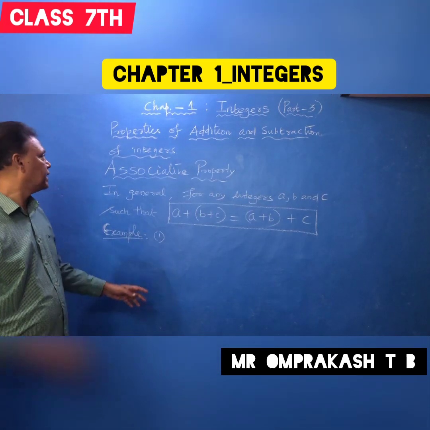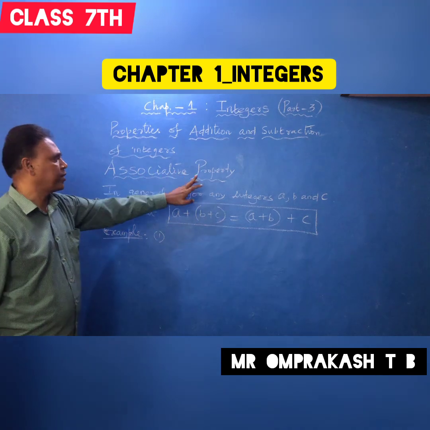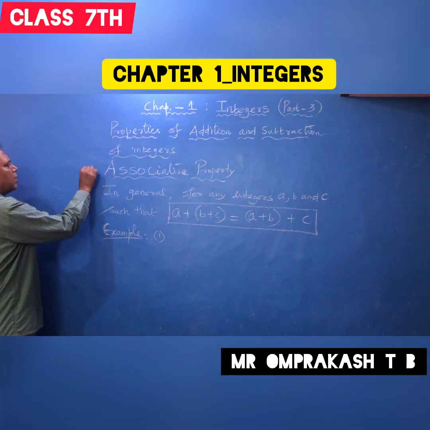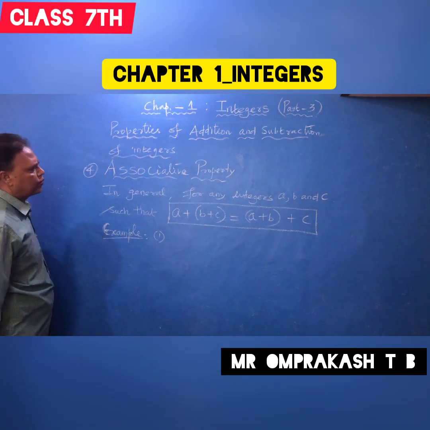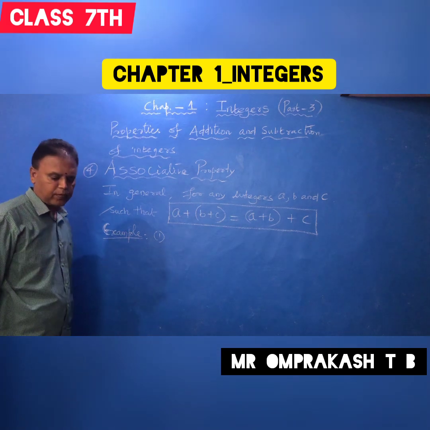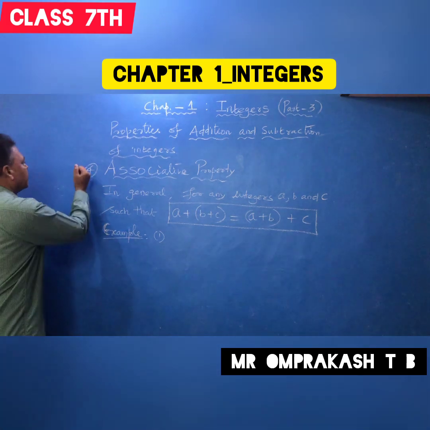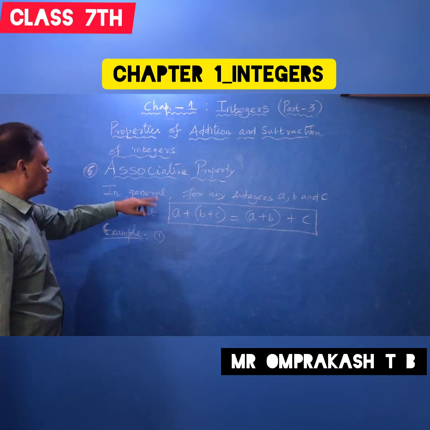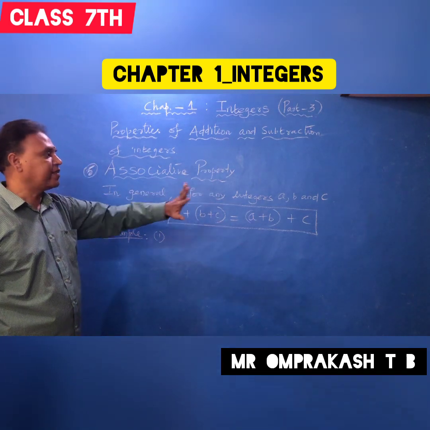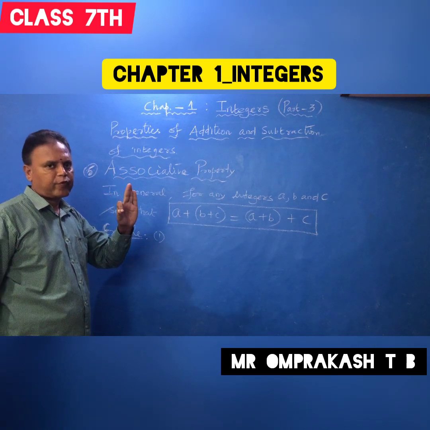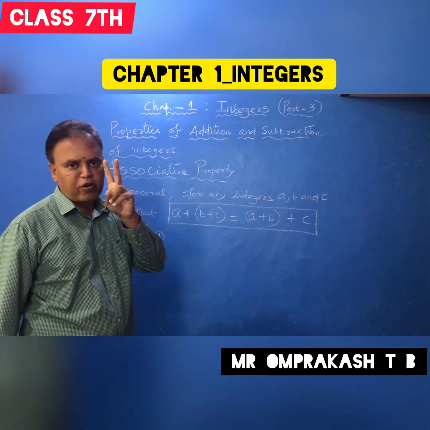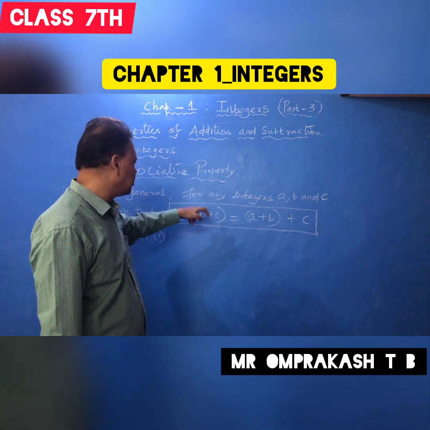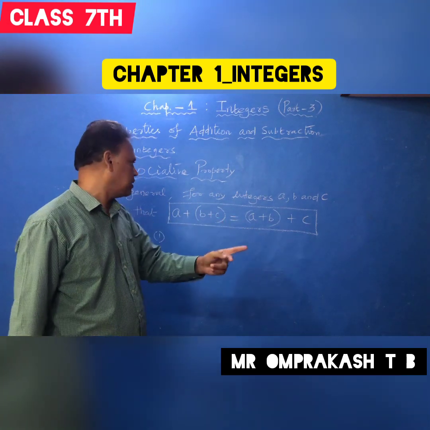Next we will see associative property. Okay? I think the fifth one, associative property. In general, for any three integers you have to take. For commutative we took two integers, but for associative you have to take three integers a, b, c.